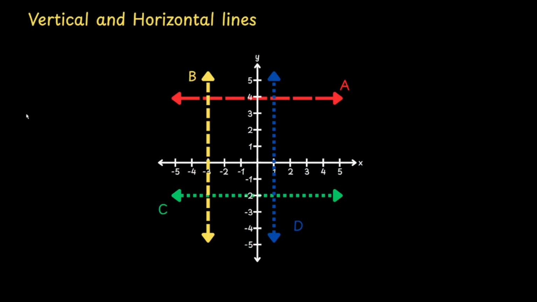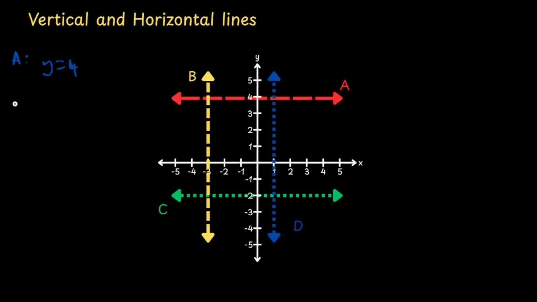It has a constant y value forever. Those arrowheads mean it continues forever, right? So if I wanted to define line A, I could simply do this by defining it as a y value because it only has a y value. And simply put, the equation for line A would be y is equal to 4.